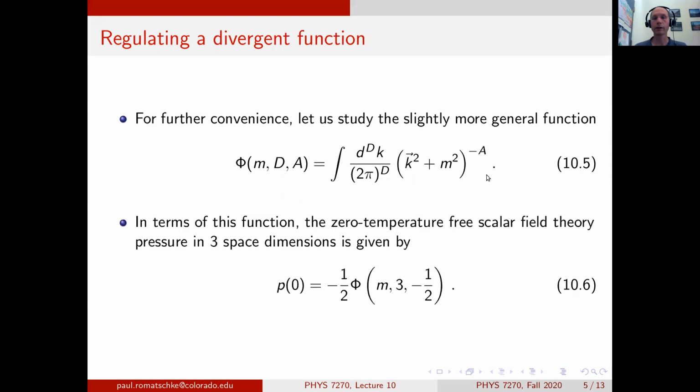It is easy to express the zero temperature pressure of the free scalar field theory that we were just discussing by plugging in d is 3 and the exponent of -1/2. And we find the pressure at zero temperature to be given as -1/2 phi evaluated at these arguments.